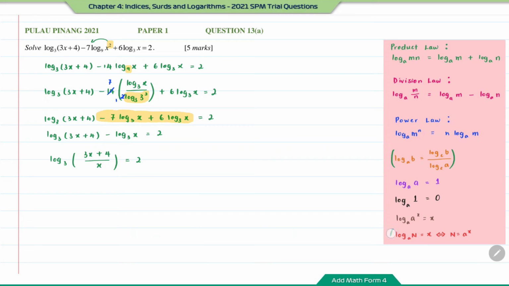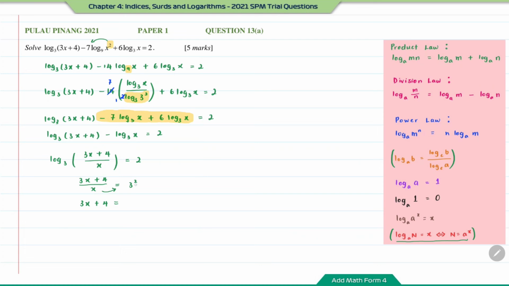Now, we can change the log form into index form using the rules here. So here you're going to get (3x plus 4) over x is equal to 3 squared. So next, going to move the x of the denominator to the other side.